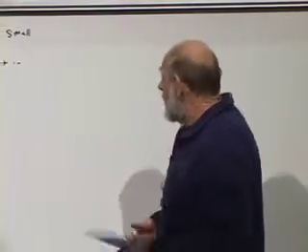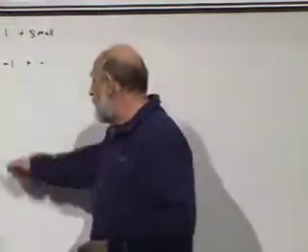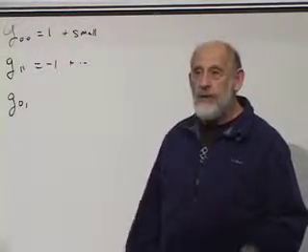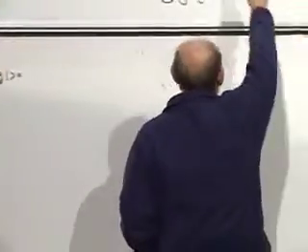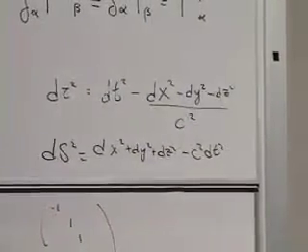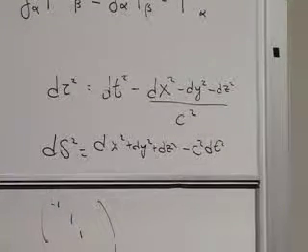What about weak fields, but you move fast? Special relativity. All right. So we want to deal with both of those. But in special relativity, what is G01? That's 0. That's not there in special relativity. Here's special relativity, and there are no terms multiplying dt by dx. So this is equal to 0.